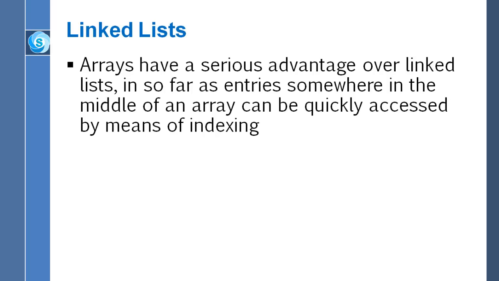Another thing that arrays have over linked lists is this ability to, sometimes people say, randomly access. Using indexing, it's possible to go anywhere we want inside an array. Suppose we know that we want to get access to the entry in position 123.